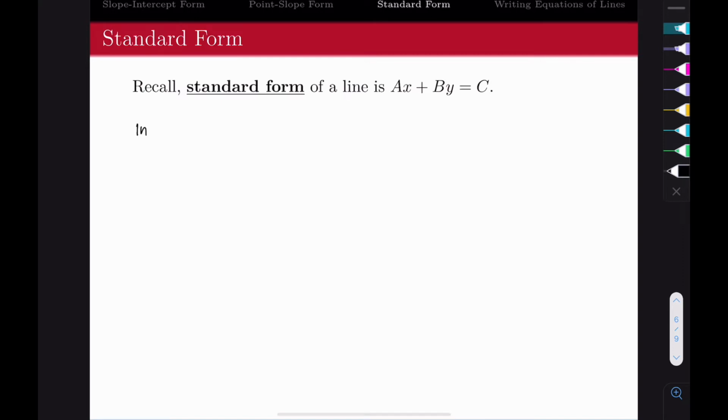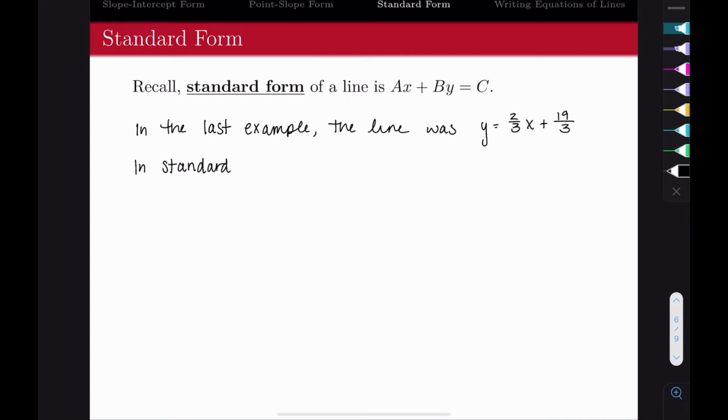In the last example, I'll just show you how to manipulate what we did. In the last example, the line was y equals 2/3 x plus 19/3. In standard form, this is the following.